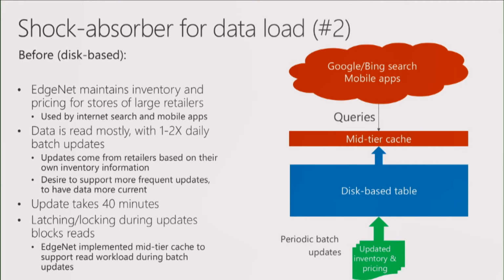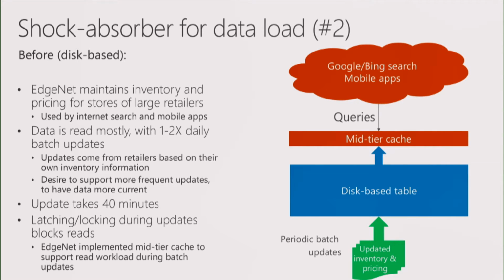What happens is that it does, of course, need to be updated once in a while. The big retailers send updates of the inventory once or twice a day, and this results in pretty much an update of the entire table. They actually want to be able to do this faster, to react faster to changes in inventory.